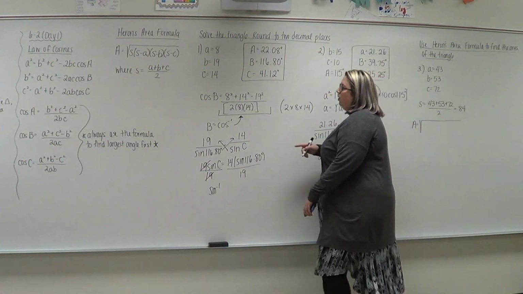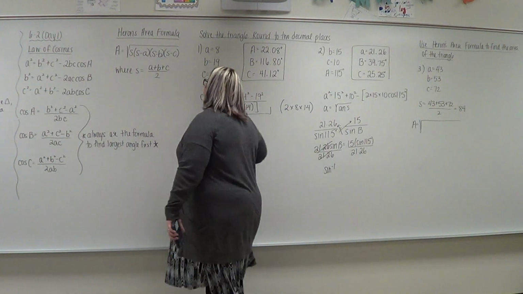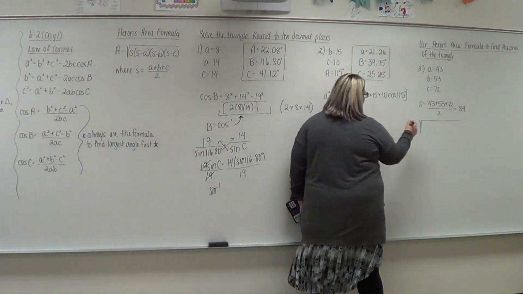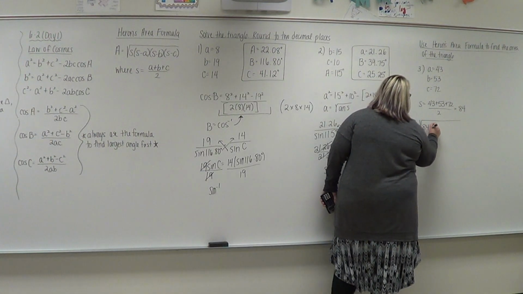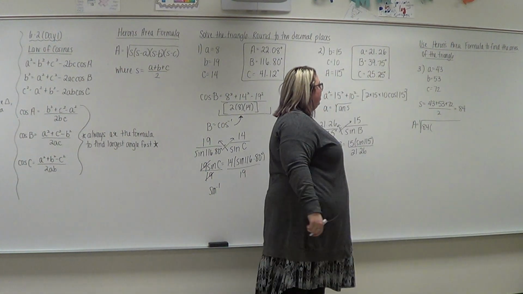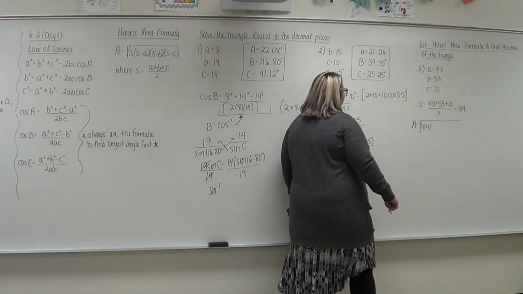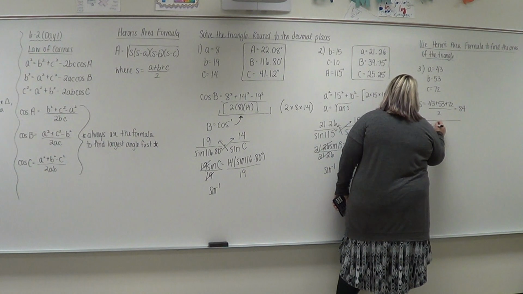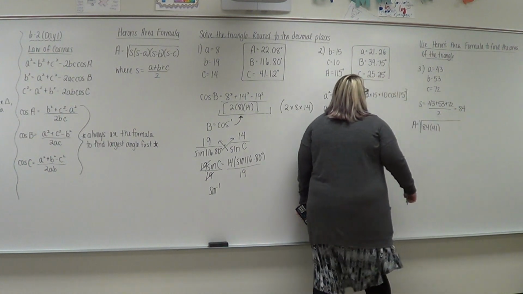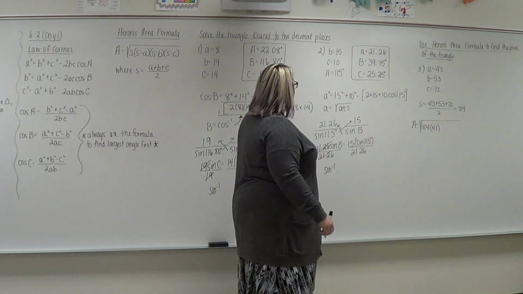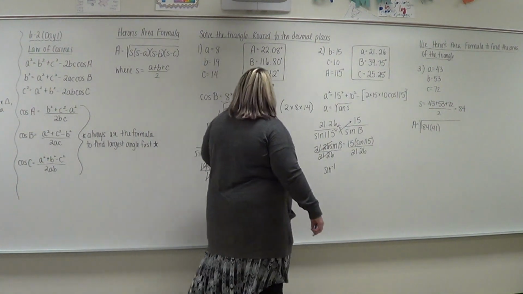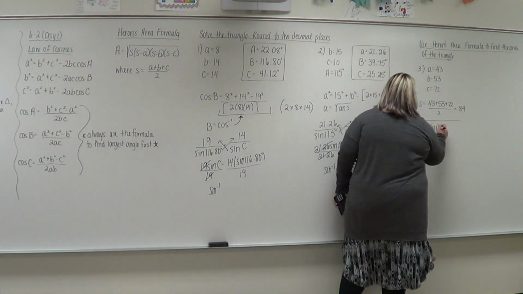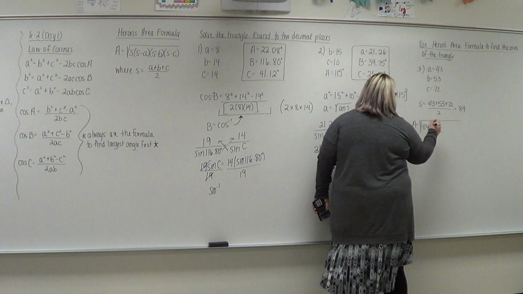First it says the square root, then I need S, so S is 84, times S minus A, so 84 minus 43. 41. Next, times S minus B, so what's 84 minus 53? 31, good.